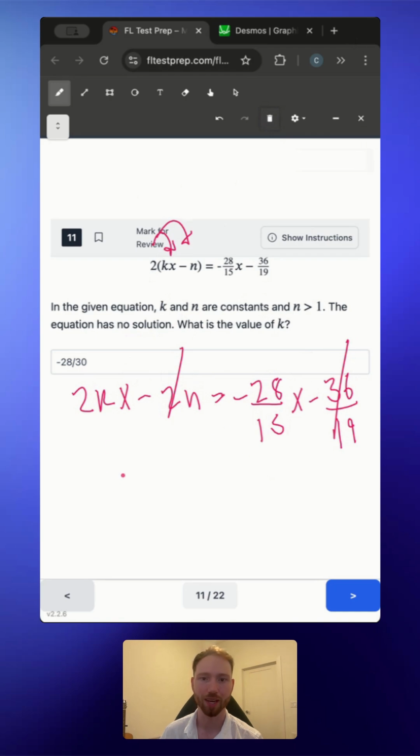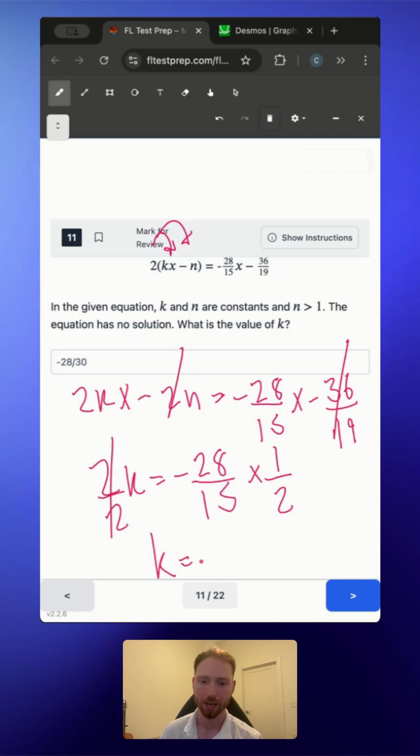So what I can do is set them equal to each other to solve for k. 2k equals negative 28 over 15. I just have to divide both sides by 2 to isolate the k, and k equals negative 28 over 15 divided by 2, and multiply it by 1/2 is a negative 28 over 30. And that's going to be the correct answer for this question.